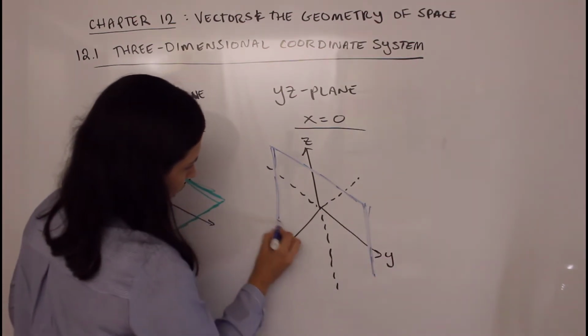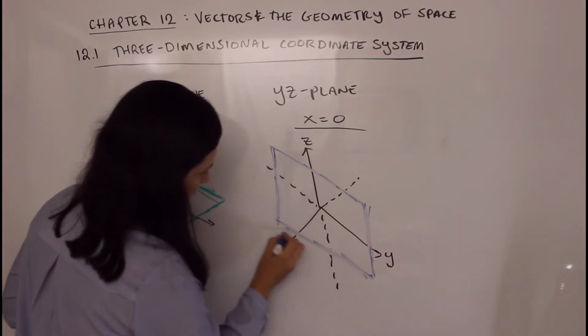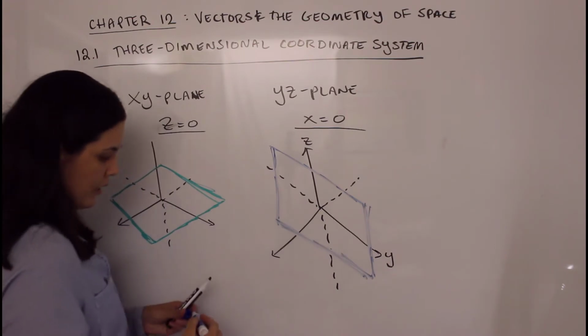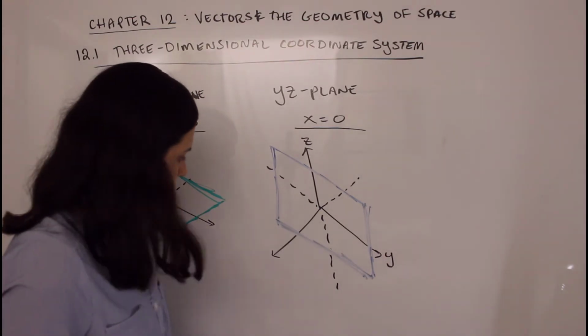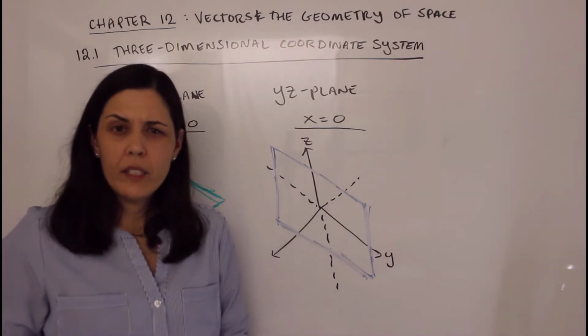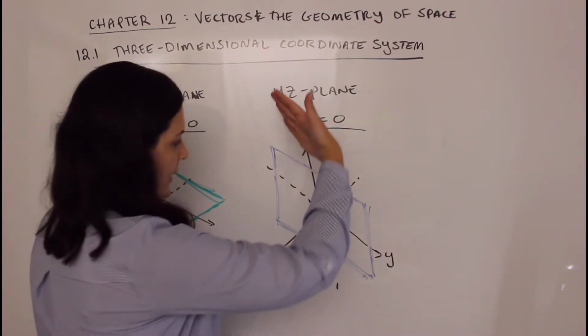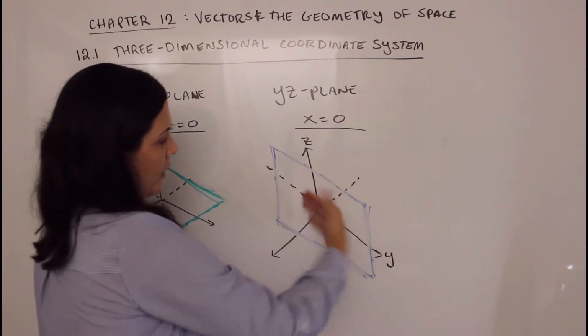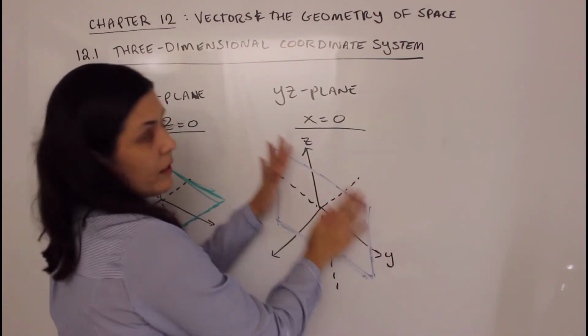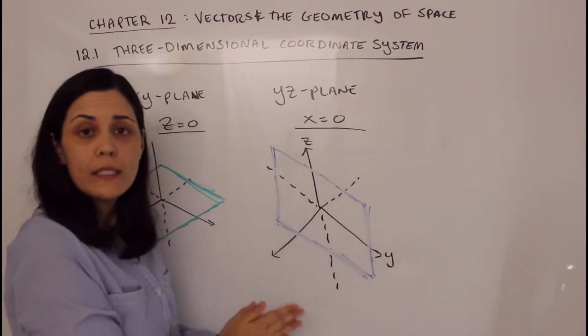Sorry, my marker's running out. And that would be the YZ plane. A little hard to see, but hopefully you can intuitively guess what's happening there. It's where x is stuck at a value of 0, and then it covers all the y and z values, but x is only 0.